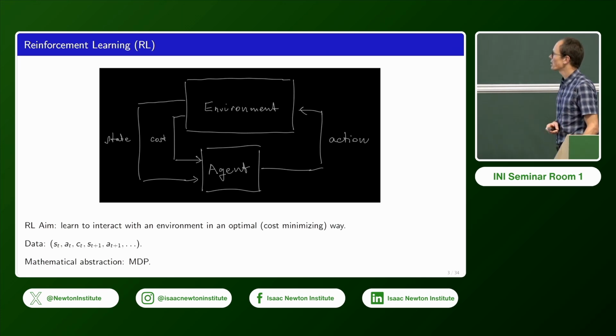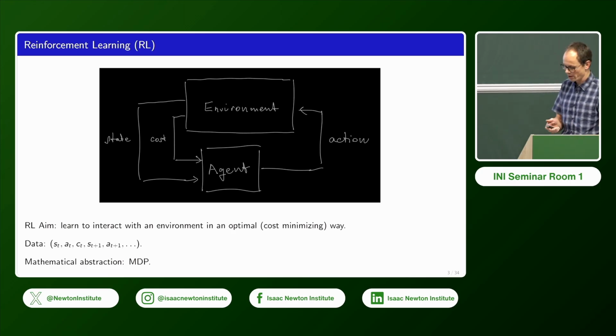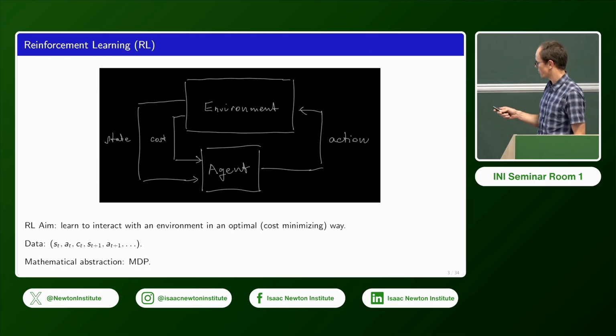And when I say learn, I just mean use the stream of data to approximate the optimal policy. I will not be talking about regret. You will see a bit later that we are not quite at the stage where we can deal with sampling, so we'll be assuming that integrals are evaluated exactly, and sampling is a problem that will come later. Right, so anyway, this is the setup.